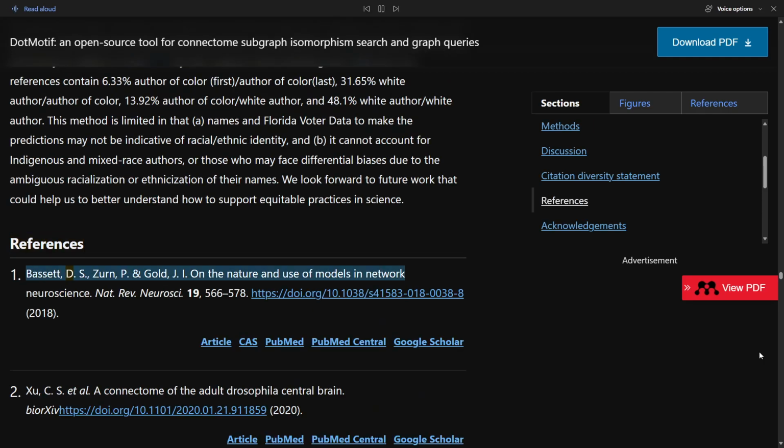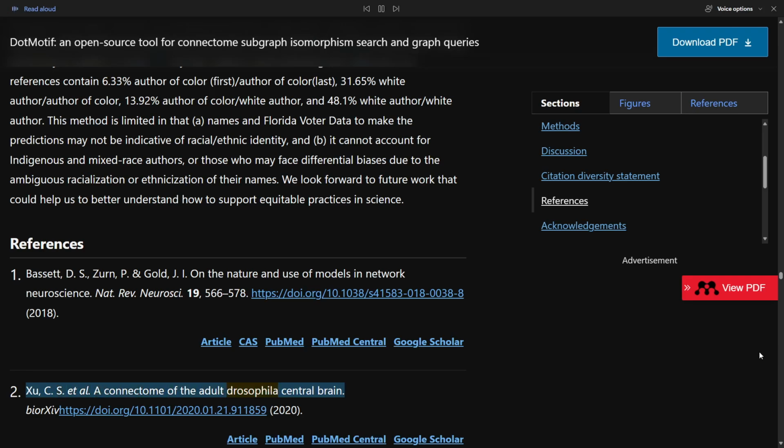References: Bassett D. S., Zurn P., and Gold J. I. On the Nature and Use of Models in Network Neuroscience. Nat Rev Neurosci, 566 to 578, 2018. Su C. S. et al.